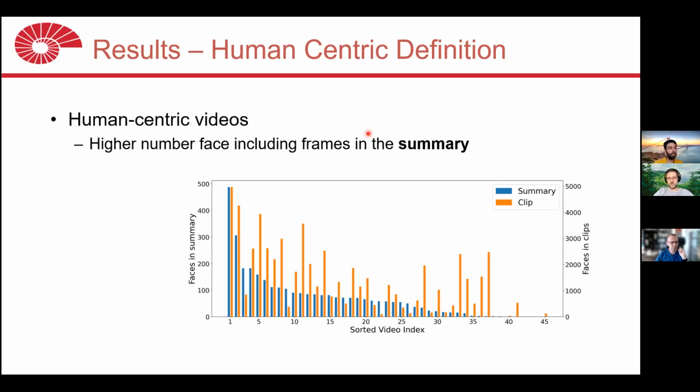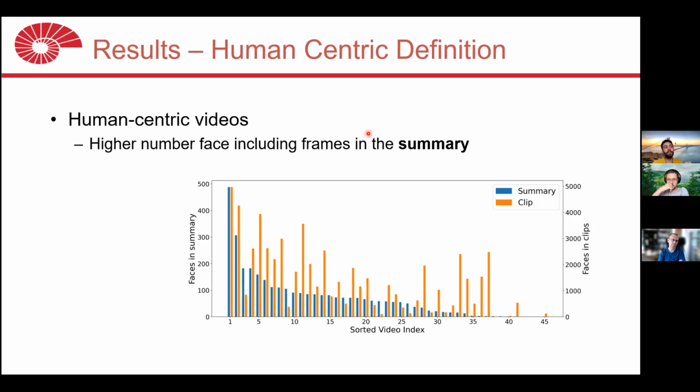That's why, although training on one, we will be estimating on another, which is a well-known dataset for video summarization, TVSum. And for this dataset, we need to have an objective human-centric definition, as these datasets are diverse and heterogeneous.